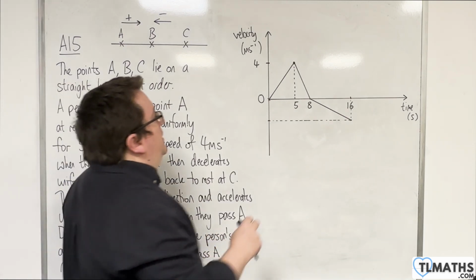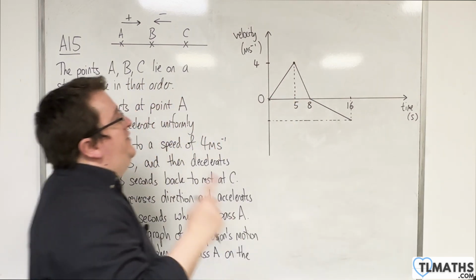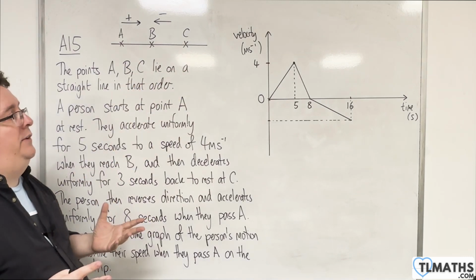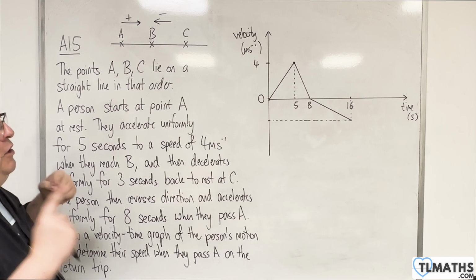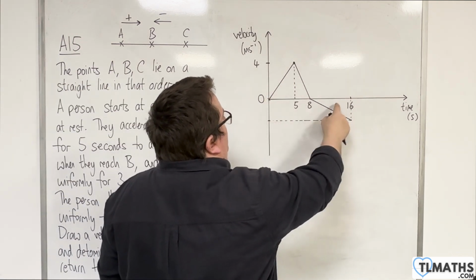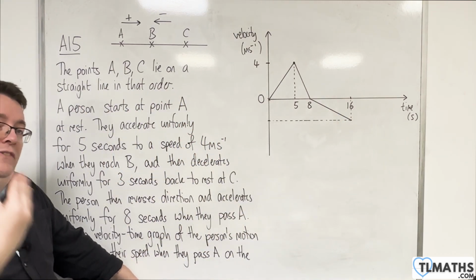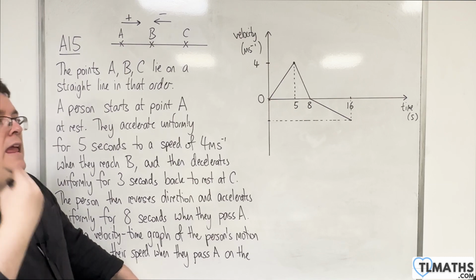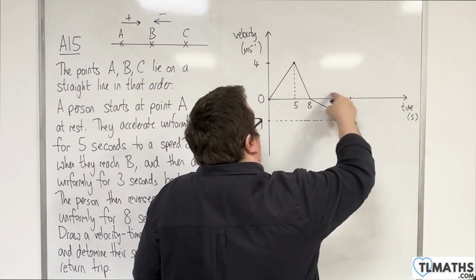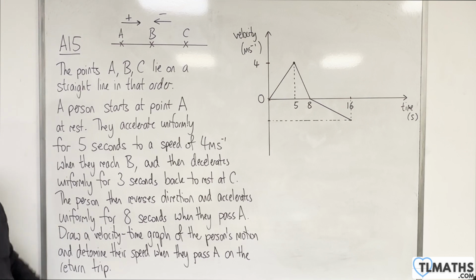So the area of this triangle here will tell me the distance from A to C, or the displacement from A to C. If I could work out that area, then this triangle's area and this triangle's area would need to be the same, because I need to cover the same amount of distance, right? If I know this triangle's area and I know its length here, I can work out this length here. That's my route through.